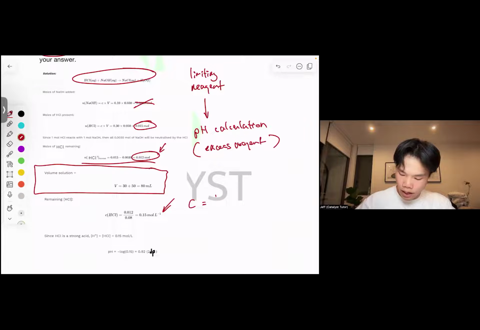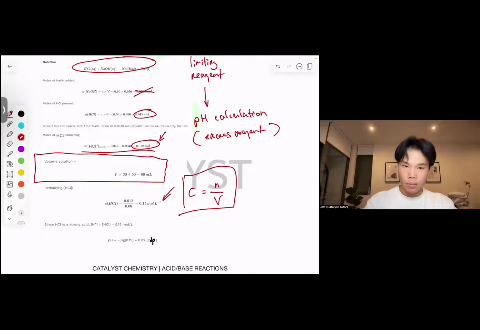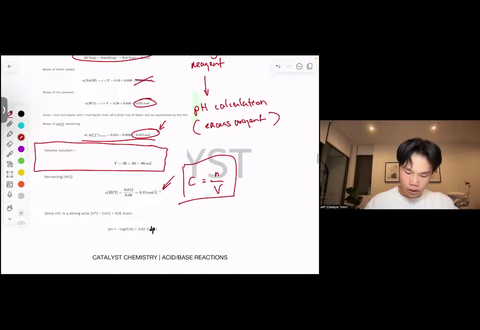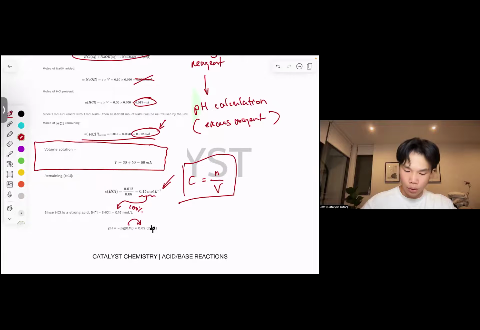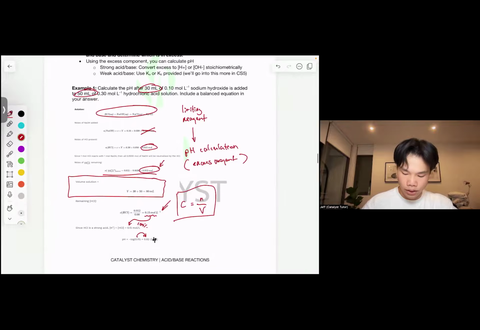C equals n on V. And so you put moles over volume and you can find that the final answer for HCl's concentration is 0.15. As this is a strong acid, it would dissociate 100% into 0.15 mole per liter H+, and putting that into our pH calculation, we can turn that into 0.82 to 2 decimal places because the question gives us 2 sig figs in the stem. Does that make sense for everyone? Neutralization, calculating pH.